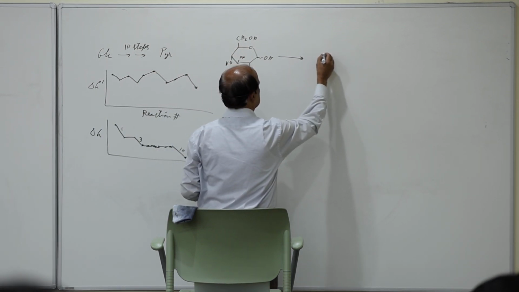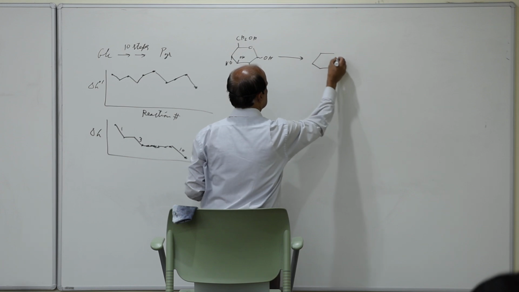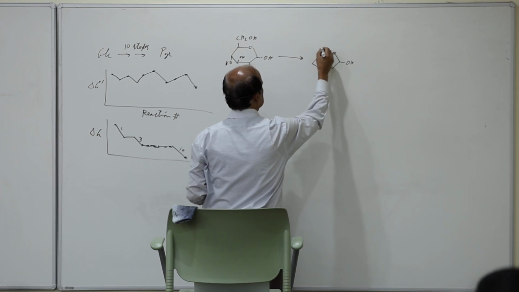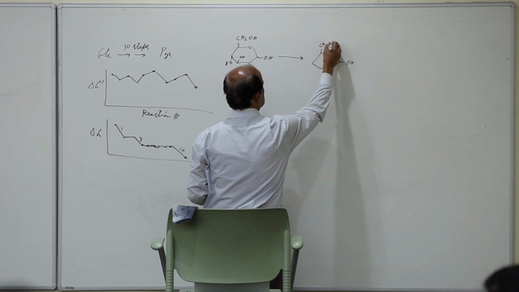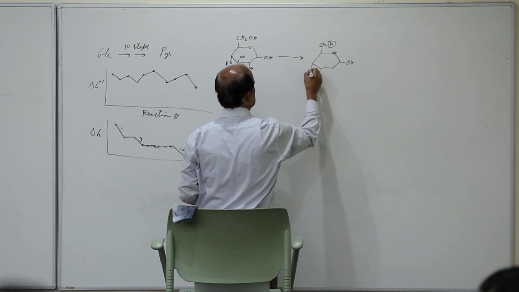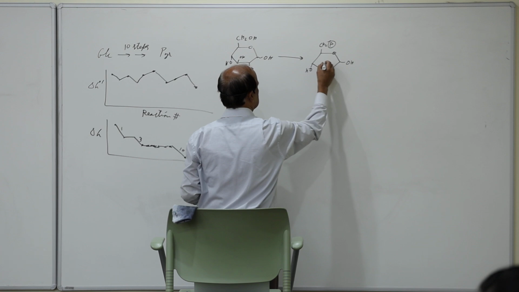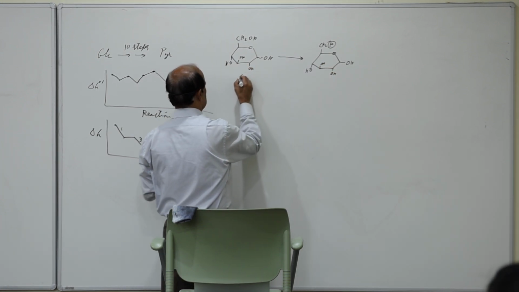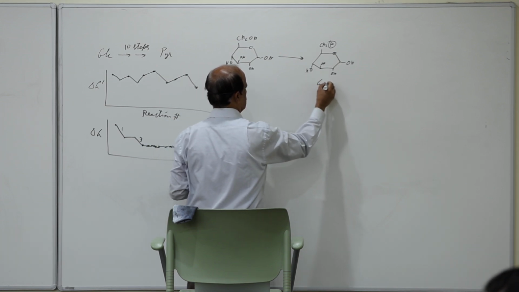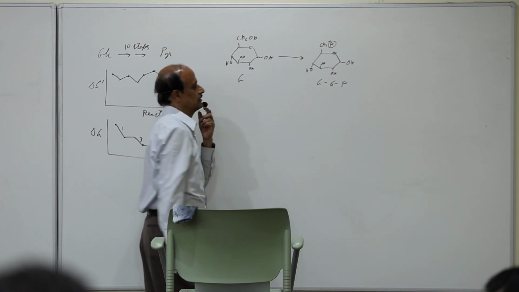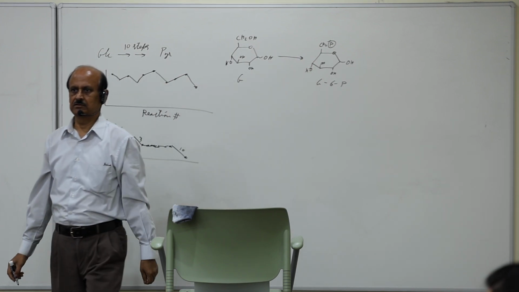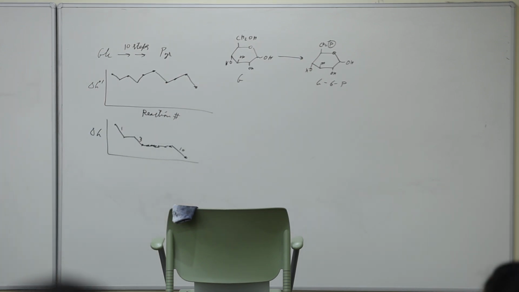So this is glucose, and this is glucose 6-phosphate. Once again, I have mentioned this many times, anytime I write a P with a circle, it means it has 4 oxygens on it.